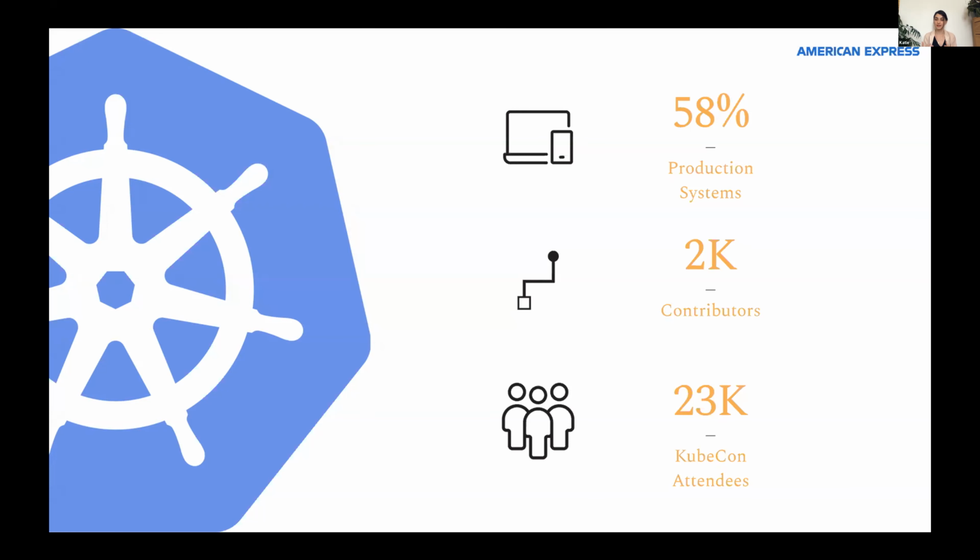Now, this showcases the maturity and the high adoption rate for Kubernetes. When it transitions towards the development community, more than 2,000 engineers are actively collaborating towards feature build-out and bug fixing. And when we look into the end user community, more than 23,000 attendees were registered at the KubeCons around the world. Now this is going to be KubeCon in Europe, China, and North America.